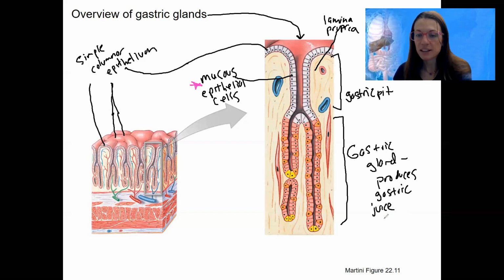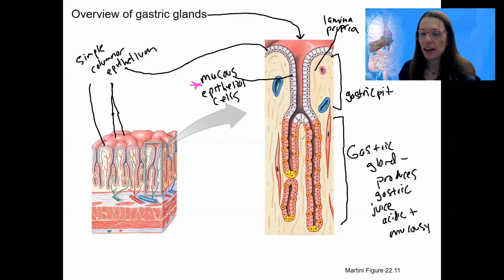We'll get to all those. Basically, it's acidic and mucusy. And we're going to label 3 cell types in here and look at what each of them does. That will give you the idea of what is produced in the gastric gland.